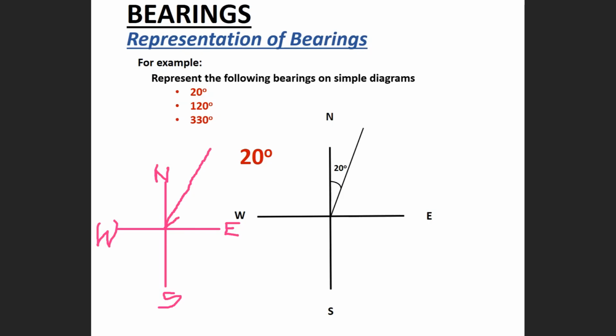Remember, I call this half of it. I can just call this 20 degrees and then label it 20 degrees. Let me remove the other part. Okay, I can call this 20 degrees and label it 20 degrees, which is quite nice. Good.